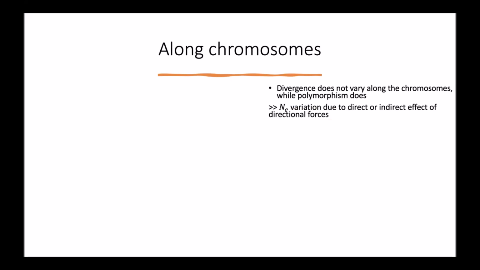To summarize all this, we start with our along-chromosome estimates. We did observe the previously known patterns. Divergence does not vary along the chromosome, but polymorphism does. So it is not the mutation rates, but the effective population size variation that creates this, either due to direct or indirect effects of the directional forces.